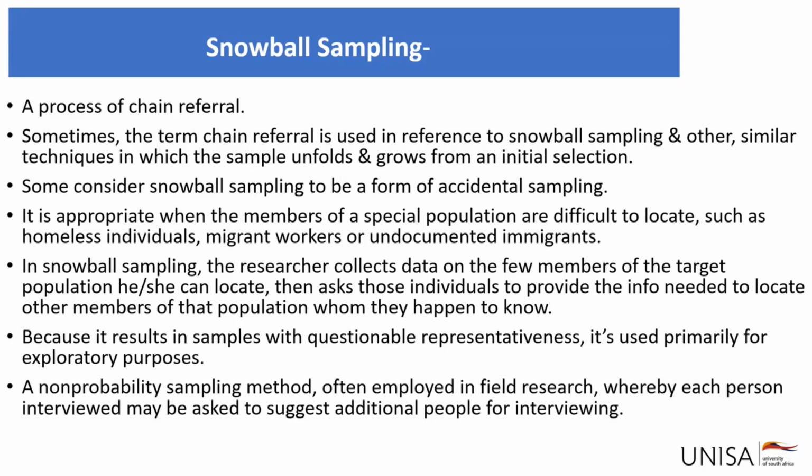You can use it in a number of cases: homeless individuals, migrant workers, or undocumented migrants. As you meet those people and want to access them, you can use snowball, because you happen to meet one that knows another one and another one and another one. So it's more like a chain referral, if you like.